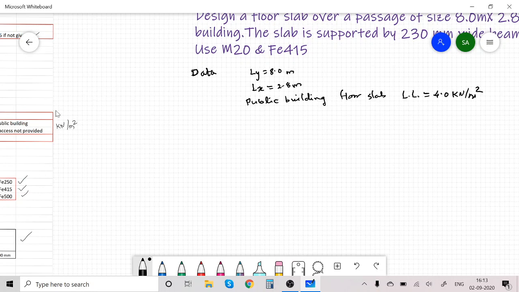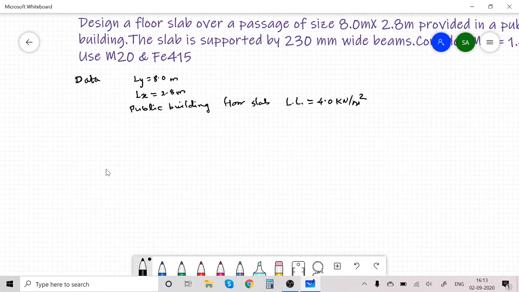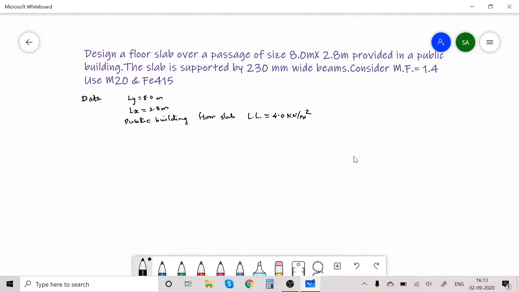The slab is supported by 230 mm wide beam. So width of support is 230 mm. Then it is given that modification factor is 1.4, M20, that is the grade of concrete, and grade of steel is Fe415.